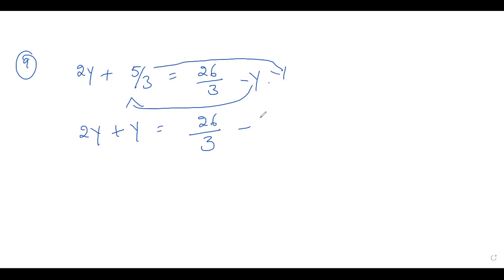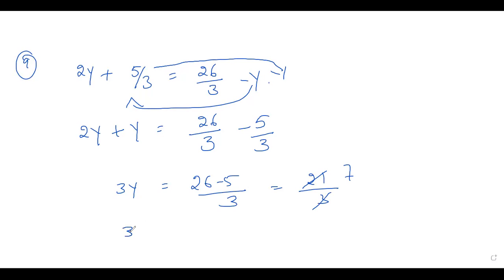I'll bring 5 by 3 to the right side. It will become minus 5 by 3. So 3y is equal to 26 by 3 minus 5 by 3. The denominators are the same, so you can subtract the numerators directly. That is 21 by 3. 3 1s are 3, 3 7s are 21. So 3y is equal to 7. Y is equal to 7 by 3. This is the answer, 7 by 3.